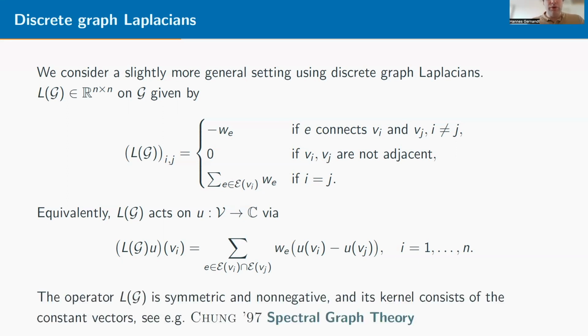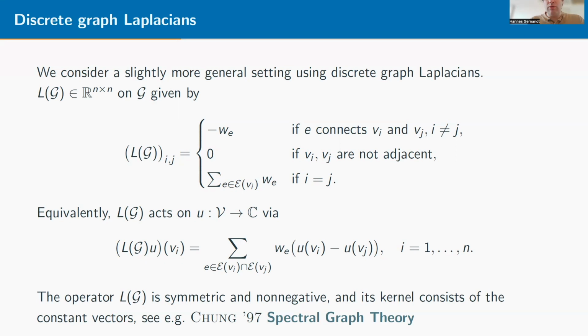I think most of you know this, and it has also some nice structural properties. It is easy to see that it is a symmetric matrix, and also one can show, for example, using Gershgorin's theorem, that it is a positive semi-definite matrix. And also quite interesting is that the kernel of this matrix somehow describes the connectivity of the graph in a certain sense.